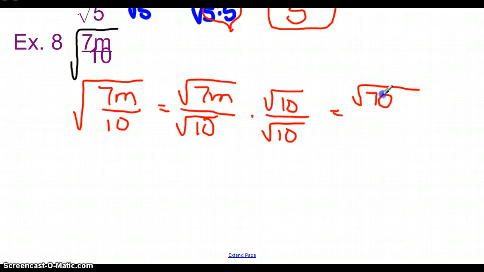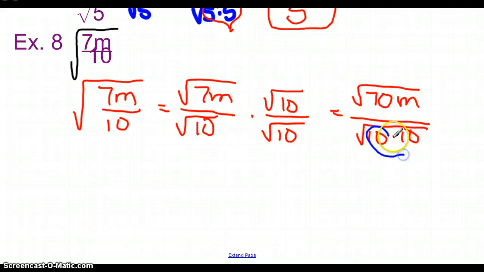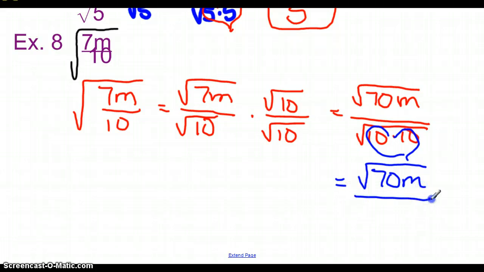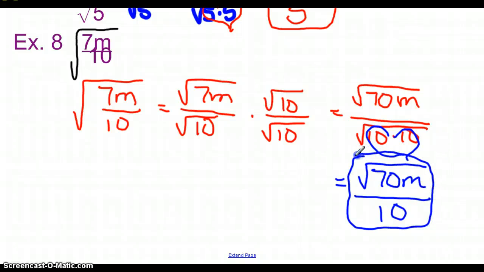So I can make that 70m, because I can multiply that part together. Now on the bottom, I have 2 10's. So there's my pair. So it'll be the square root of 70m over 10. And remember, the idea with this one is to get rid of the square root in the bottom, which I've done. This is our final answer.